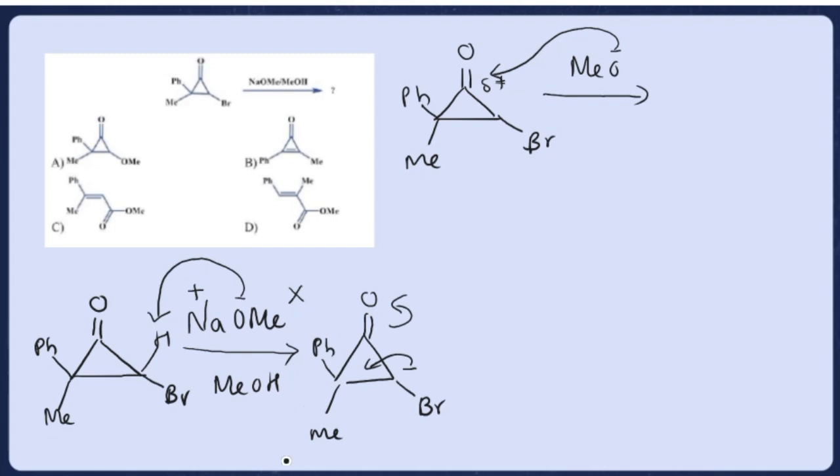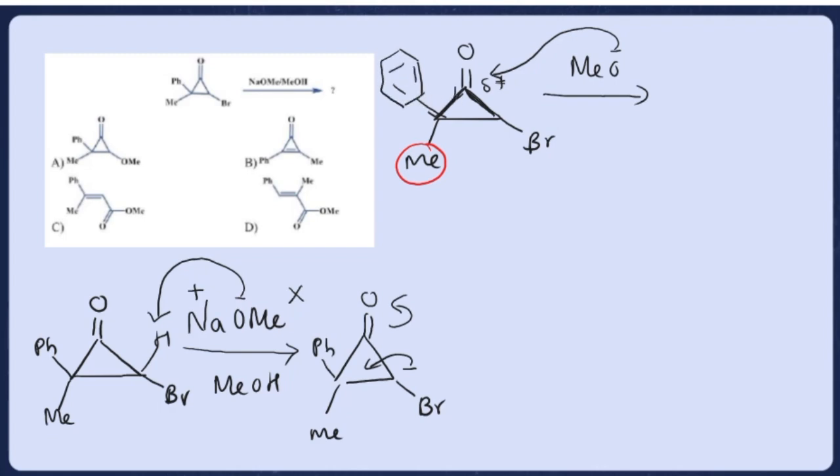Again, the question is where you have to break the carbon-carbon bond, because either this carbon-carbon bond should break or this carbon-carbon bond should break. That's the reason why they have given these substituents, phenyl and methyl. Phenyl is nothing but C6H5. So if you want, you can elaborate that. Definitely it's going to help you.